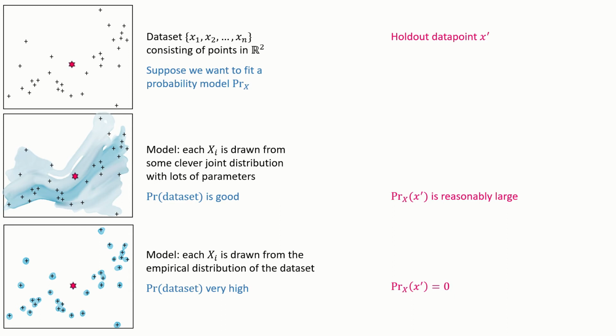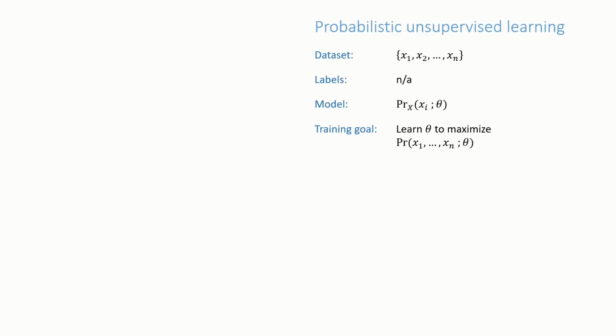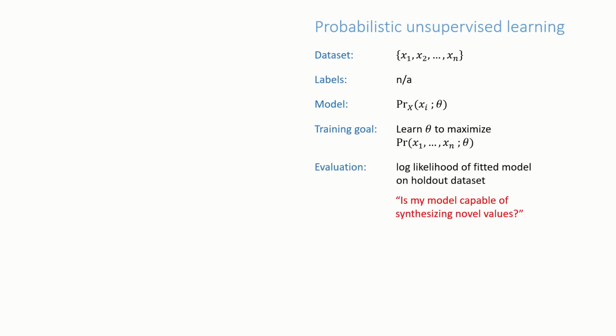So let's summarize. In unsupervised learning, our high-level goal is to be able to synthesize new data points. We can train a model by maximizing the likelihood of the training set, but we shouldn't get carried away. We can then evaluate how good our model is at synthesizing novel values just by keeping a holdout dataset and measuring the log likelihood of our model on the holdout data.